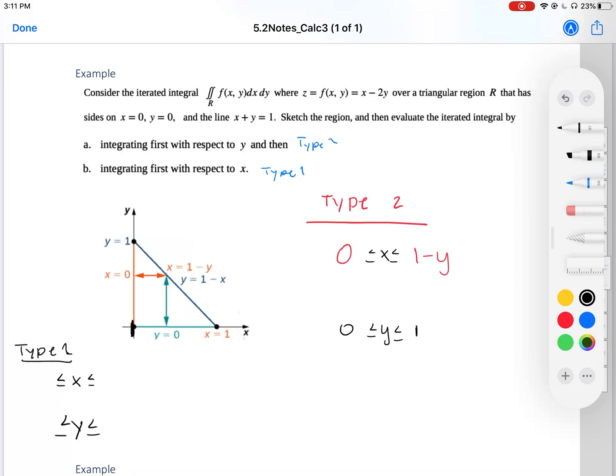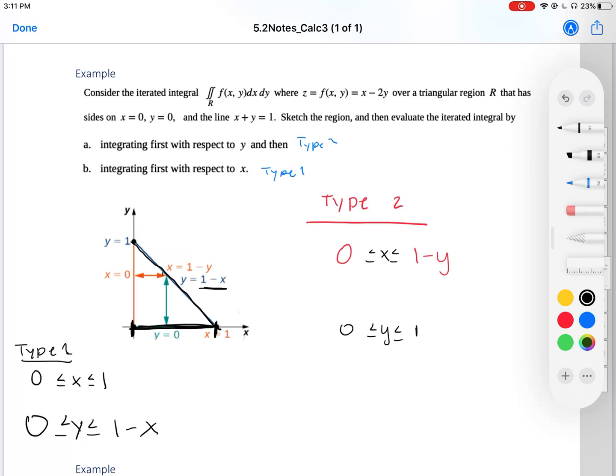So from x, we start at 0 and we end at 1. So from 0 to 1. My first line that it's enclosing is y equals 0. And then I come across this line here. Now because I have it in terms of x, I want y equals an argument of x. So 1 minus x. And there we have it.